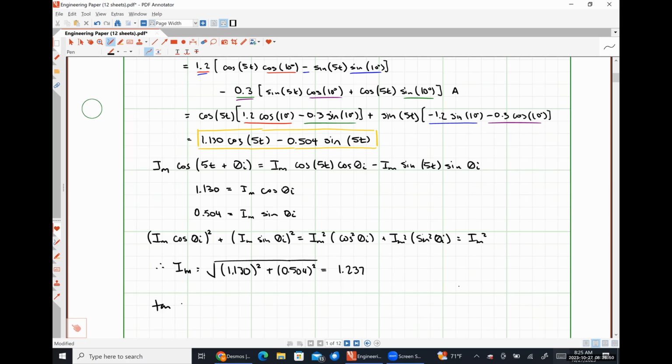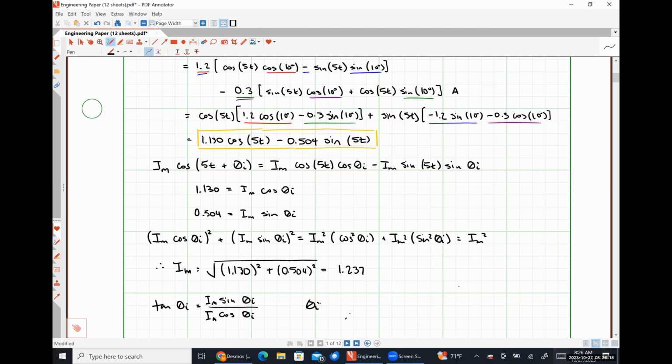Tangent of theta I is simply sine of theta I divided by cosine of theta I. That's the definition of a tangent function, right? Does it hurt anything if I multiply the numerator and the denominator by Im? Not at all. They cancel each other out, right?